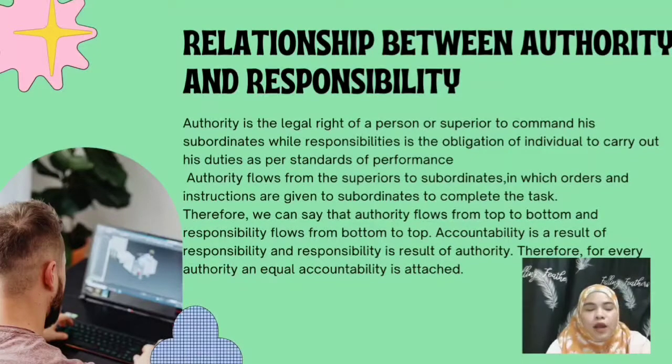Therefore, we can say that authority flows from top to bottom and responsibility flows from bottom to top. Accountability is a result of responsibility and responsibility is a result of authority. Therefore, for every authority an equal accountability is attached.